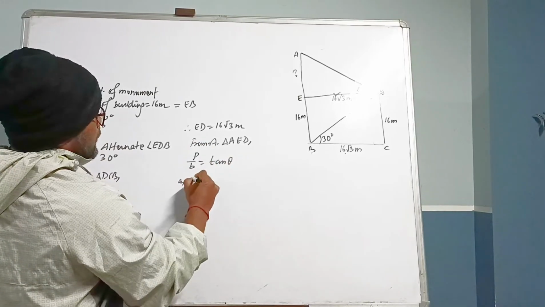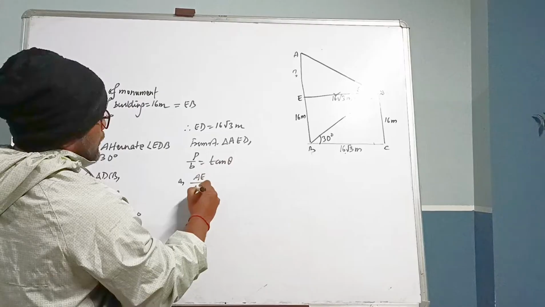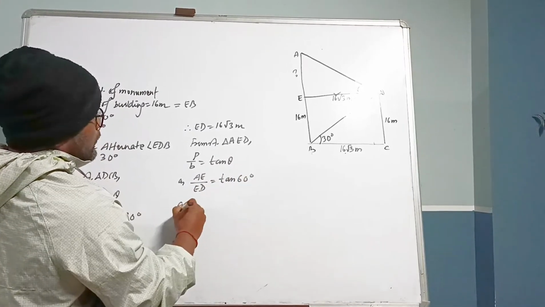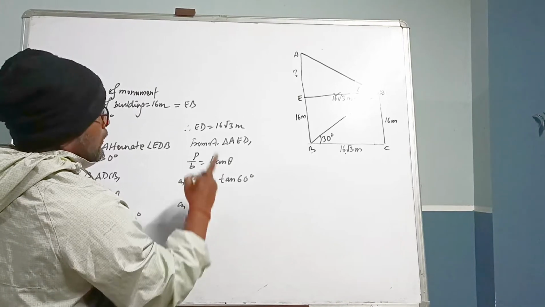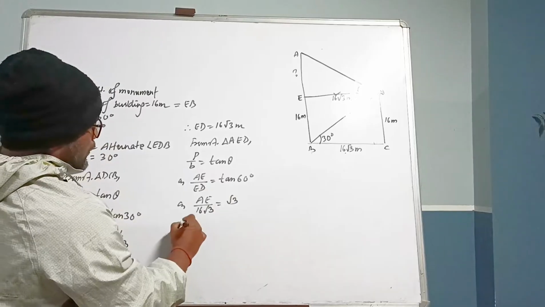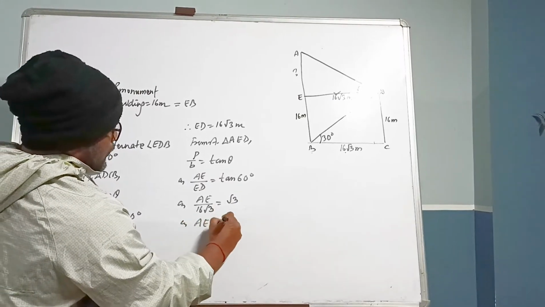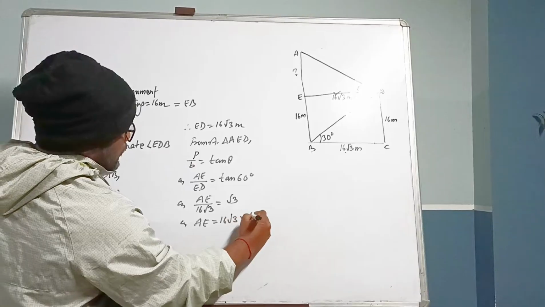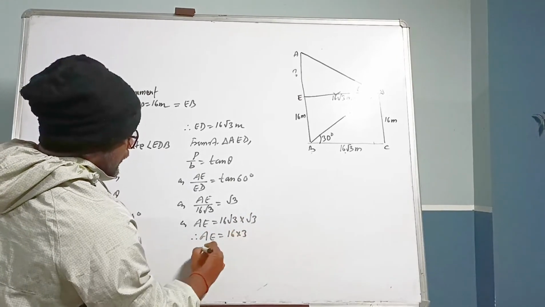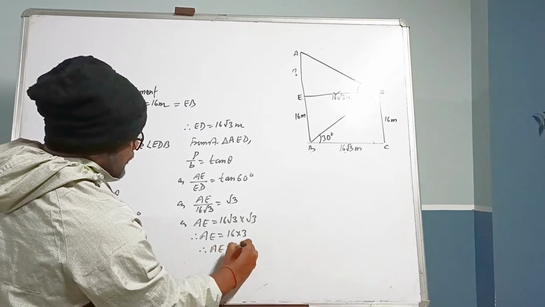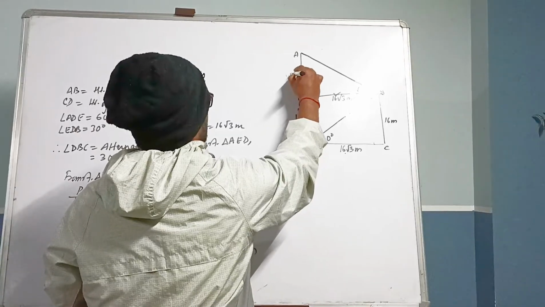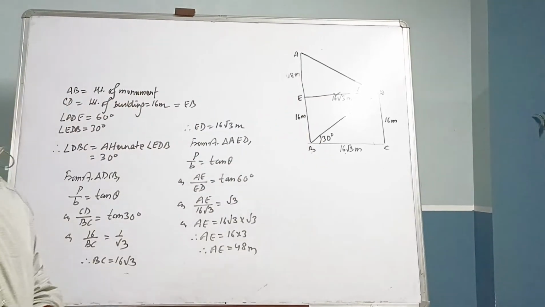So perpendicular is your AE, base is your ED, and tan 60 degree, which means root 3. So AE equals 16 root 3 into root 3. Therefore, AE equals 16 into 3. Therefore, AE becomes 48 meter.